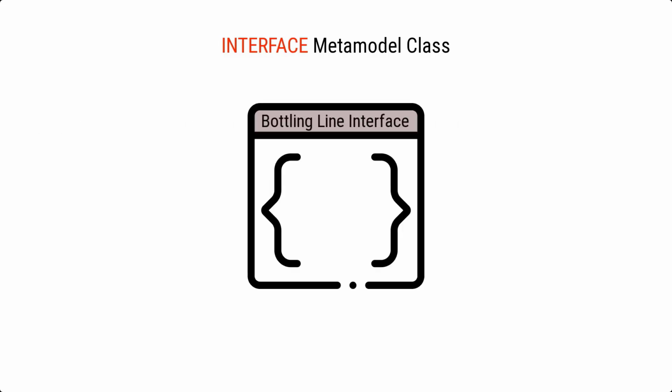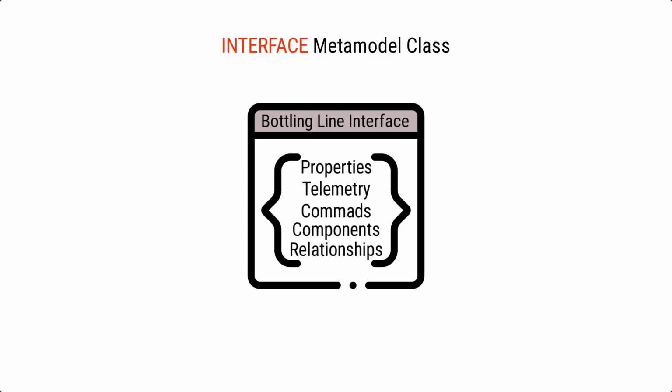For example, an interface of a bottling line model would specify all property elements it has, all telemetry elements it is capable of producing, all command elements it has, all its components, and all other digital models that it is related to. The interface is the top-level object of a DTDL definition, and it is what you start with when defining a DTDL digital model, and then you add other objects inside it.